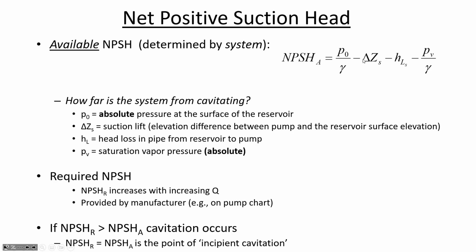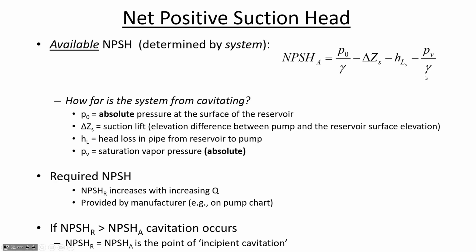So if you look, all of these three terms after the atmospheric are subtracted. So a big delta Z gets you closer to cavitation, more head loss gets you closer to cavitation, and then a larger vapor pressure gets you closer to cavitation. And so remember what we've learned about temperature.